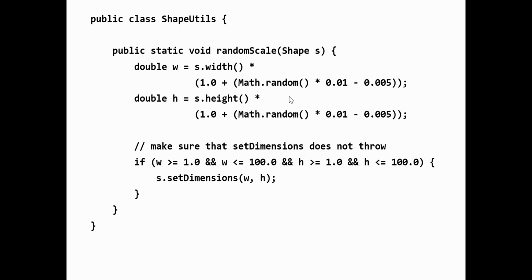That method there is perfectly fine the way it's written. In other words, if I call set dimensions, it doesn't matter what shape I pass in. The size of the shape will change to some random width and height, and no exception will be thrown. So as far as we're concerned, this method is correct.